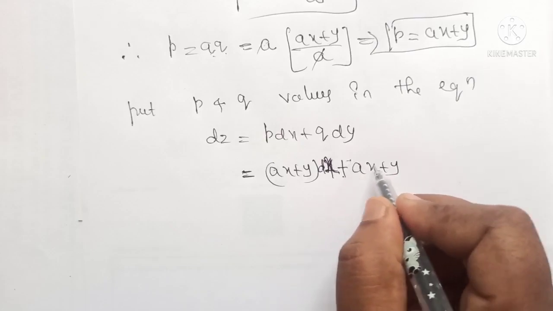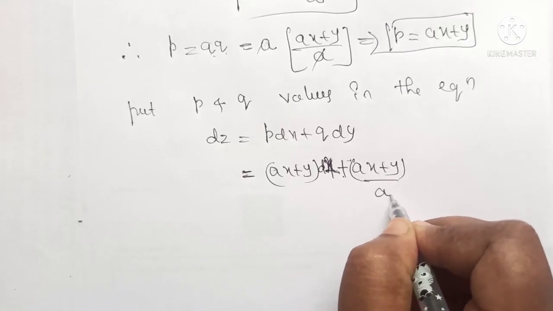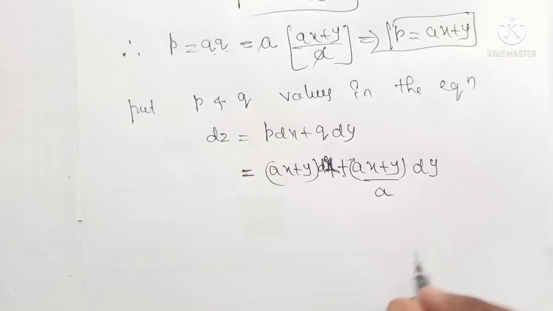Plus q value (ax plus y) divided by a into dy.